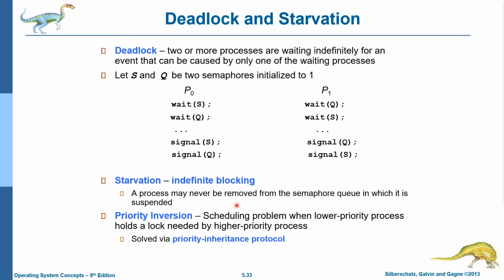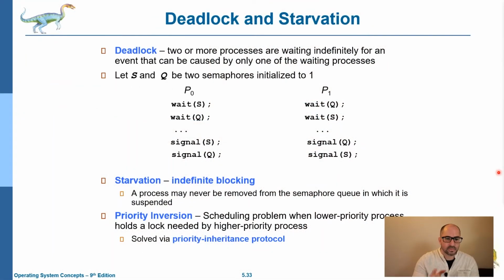Starvation occurs when, in this case for a semaphore where we had our queues, if we were to do a last in, first out queue order on a semaphore, then the last process to enter the queue of the semaphore would be the first one removed.